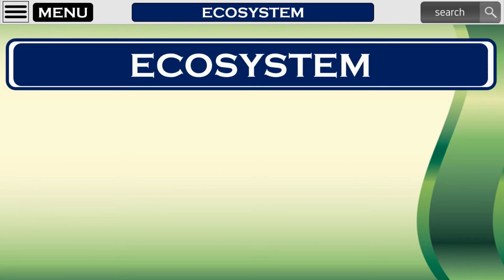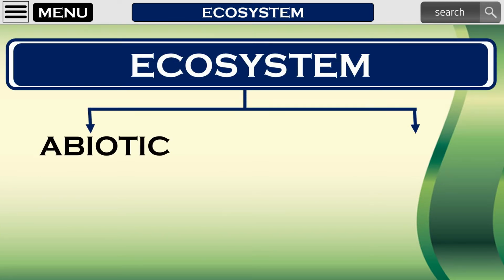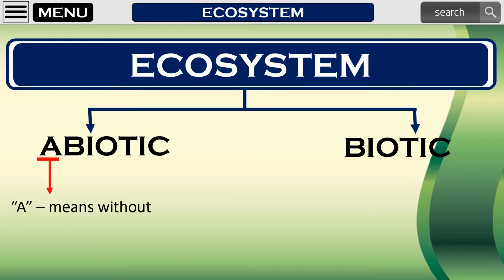An ecosystem is made up of abiotic and biotic components that work together to maintain balance. Abiotic is preceded by the prefix a, which means without, followed by the Greek word bios, which means life. Abiotic therefore means without life.